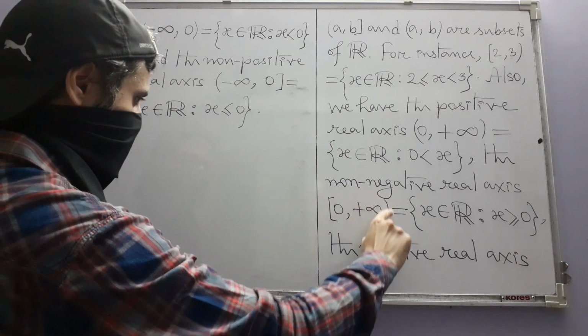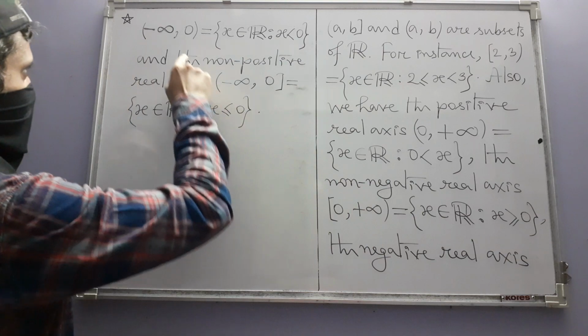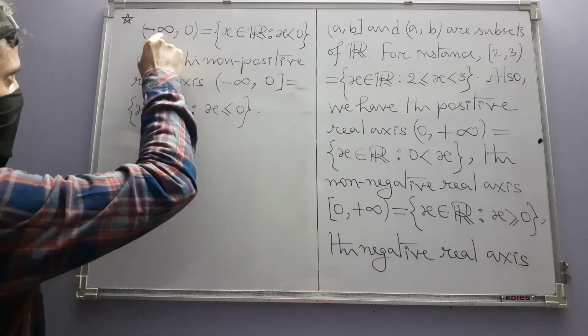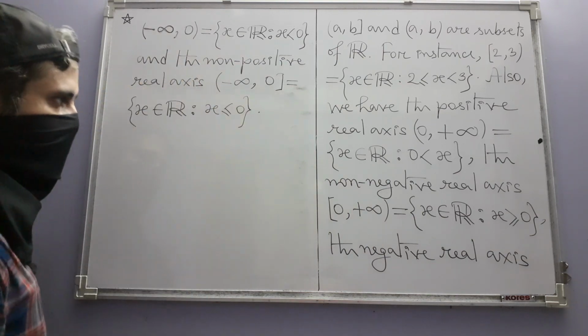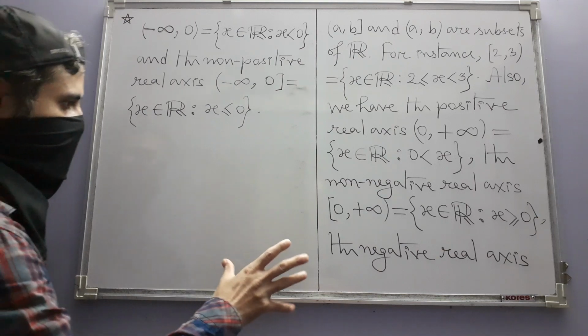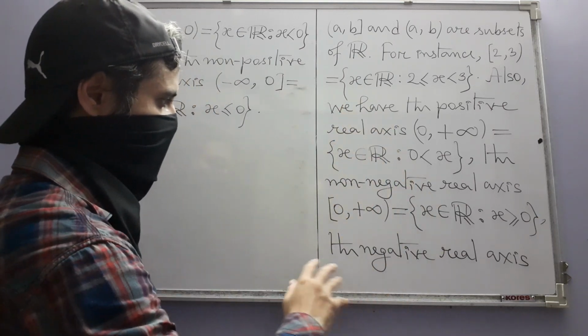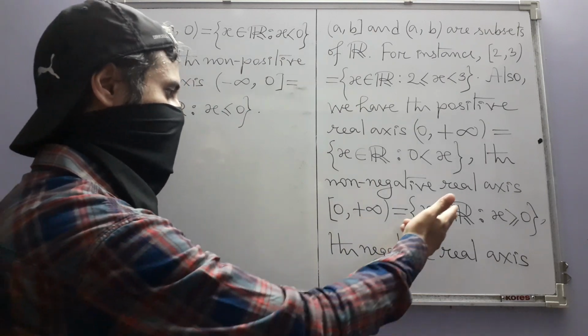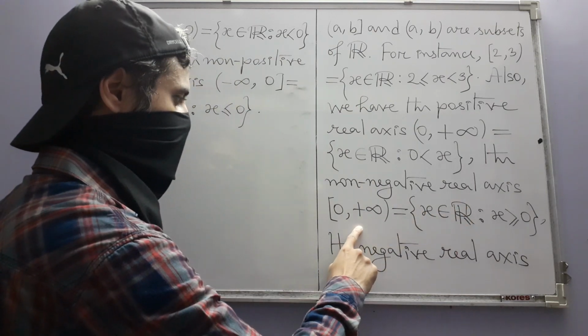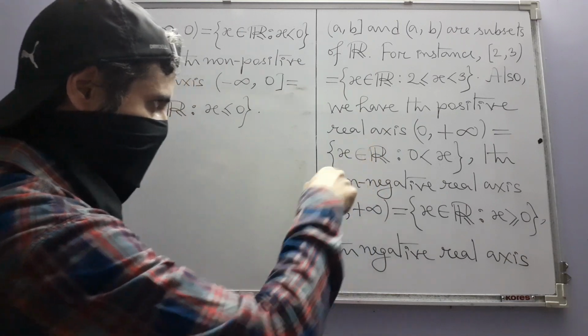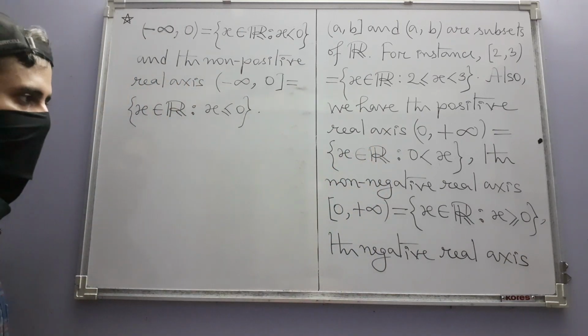Here also we have a round bracket on this side, here also, and here also. And that is why these intervals, after all, are again subsets of R, in spite of having these infinite endpoints.